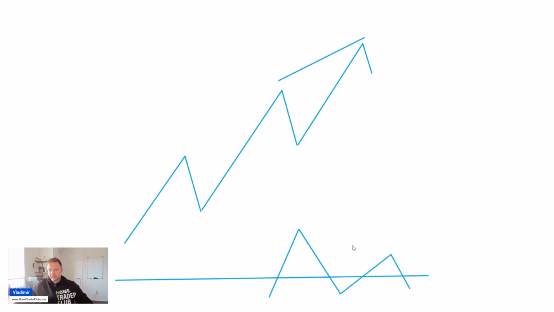RSI could be a good alternative as well, where we will see higher highs on the chart but lower highs on the moving average of the MACD. If that happens, that's a big warning sign. To join a trend here would be riskier with smaller chances.